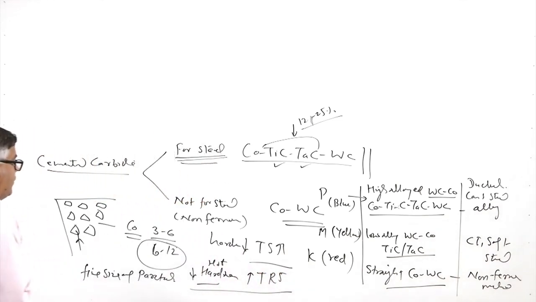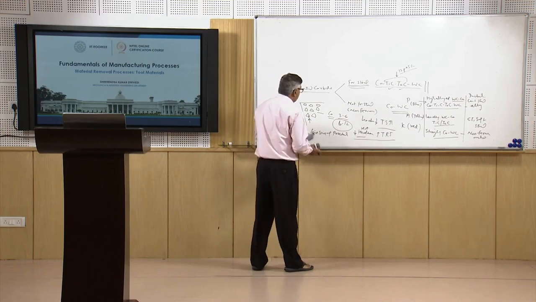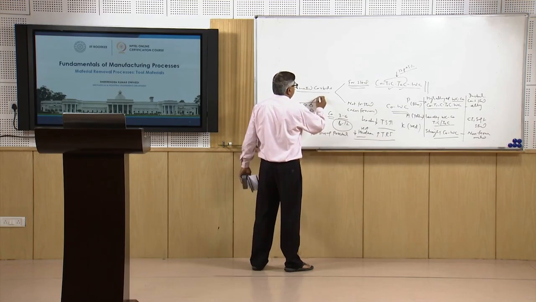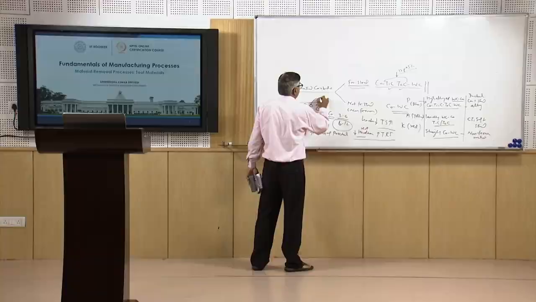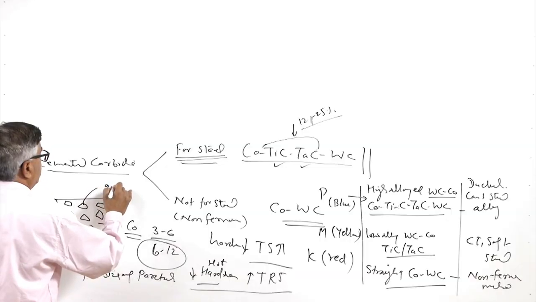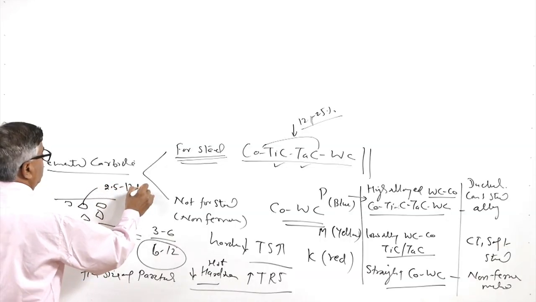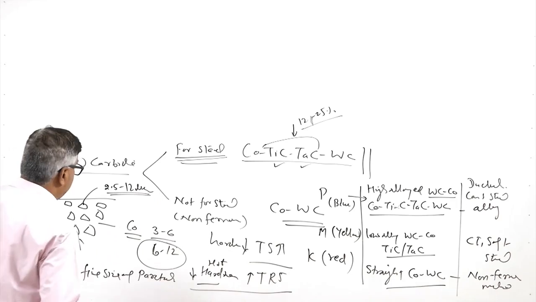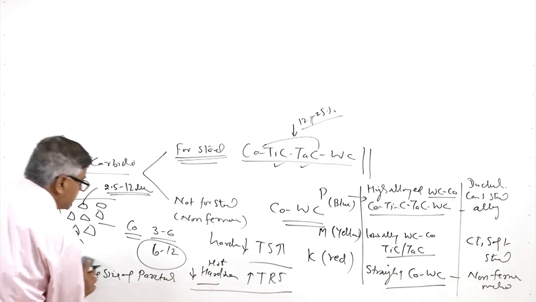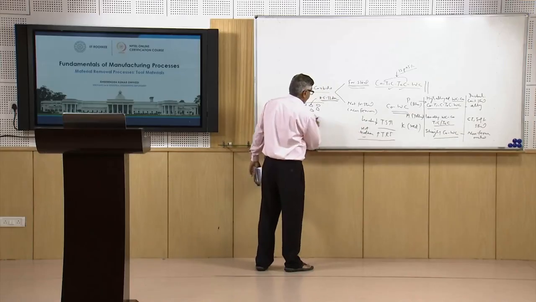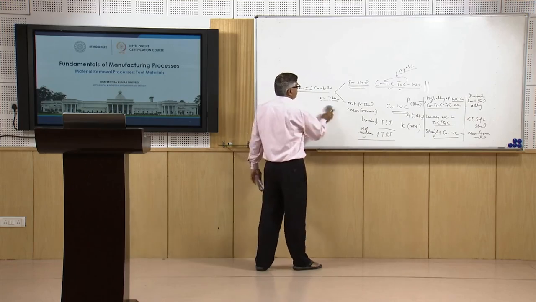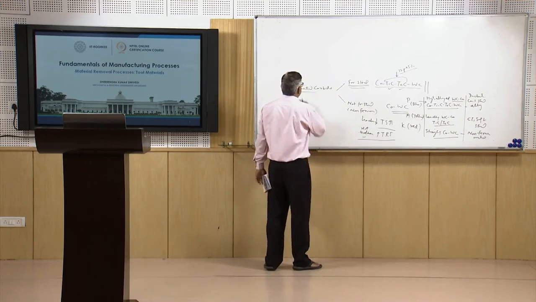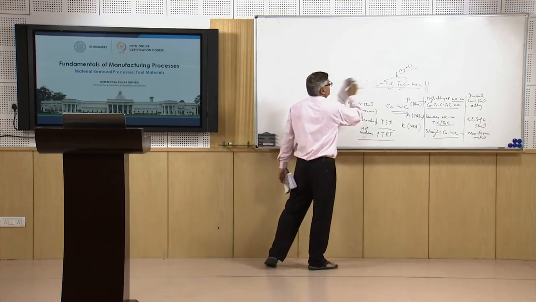This is how the properties vary, and these particles are generally used in the size range of 2.5 to 12 micrometers. So, these are very fine in size, and these are used for making the cemented carbide inserts through the powder metallurgy route.